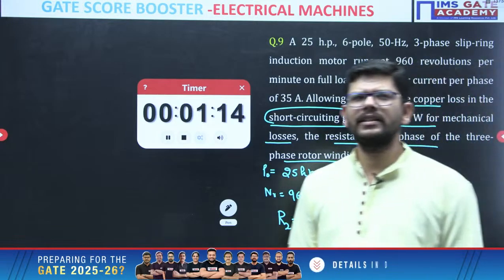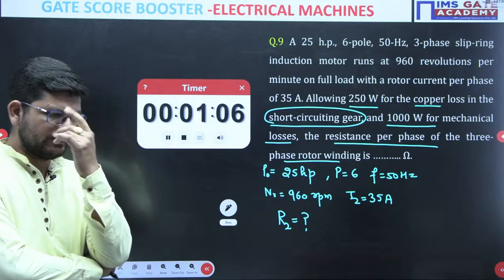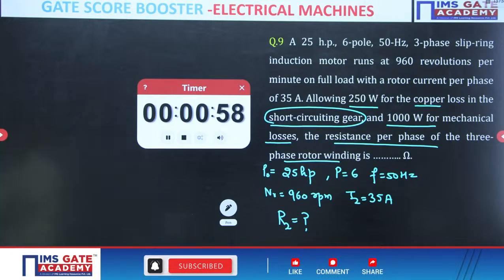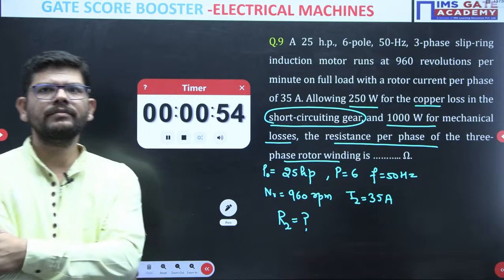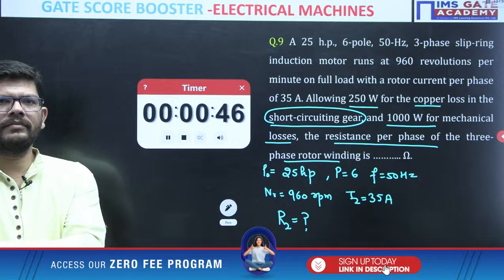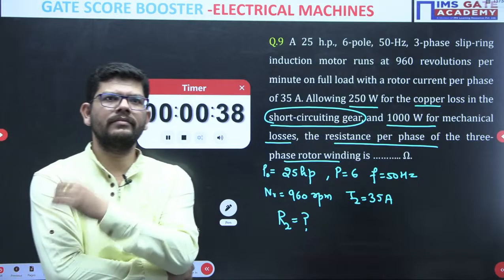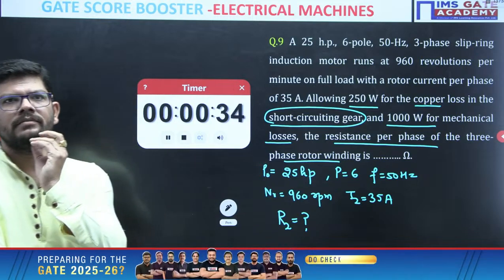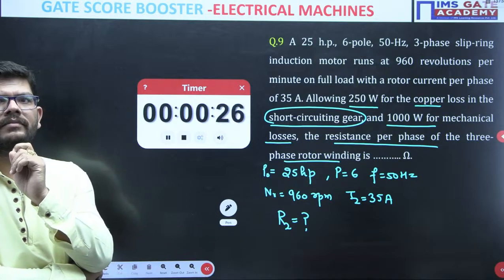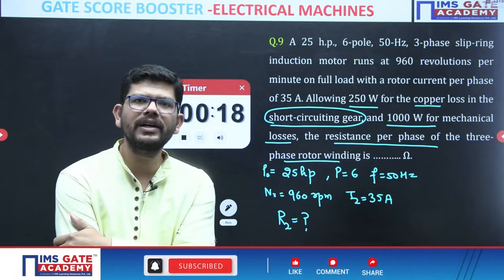The way the data is given has some difference. We have to calculate what is going to be the rotor resistance here.